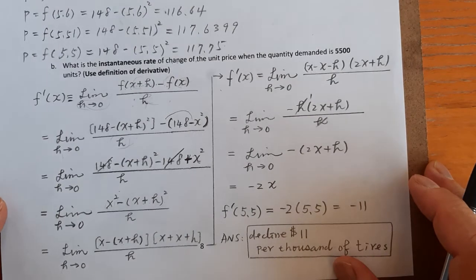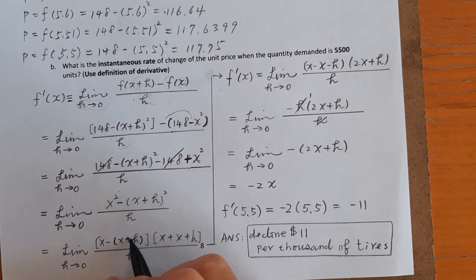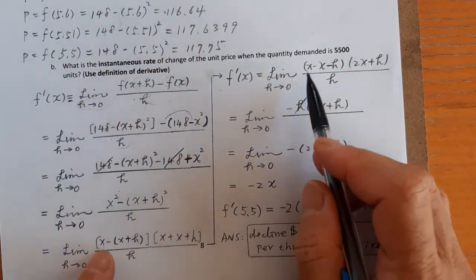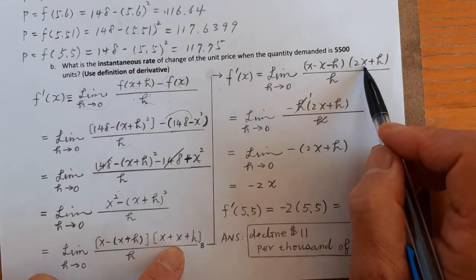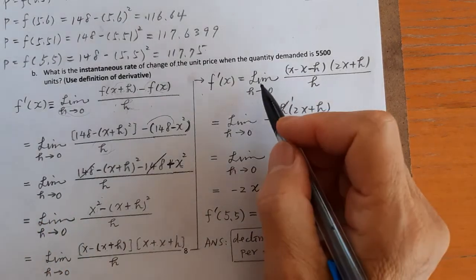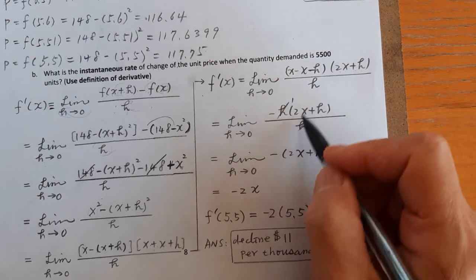Then simplify. Remove the parentheses. This plus changes to minus. So we get x minus x minus h, and the other factor, x plus x plus h, is 2x plus h. And then limit h approaches 0 and the denominator is still h.